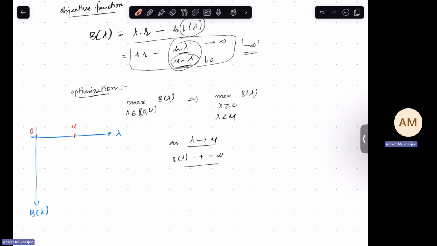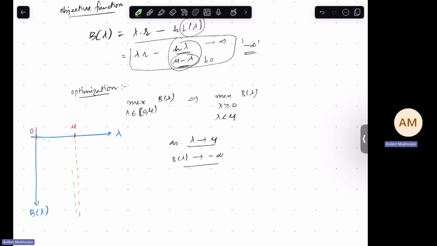At mu, we know that b lambda is going to minus infinity, and at 0, it is 0.